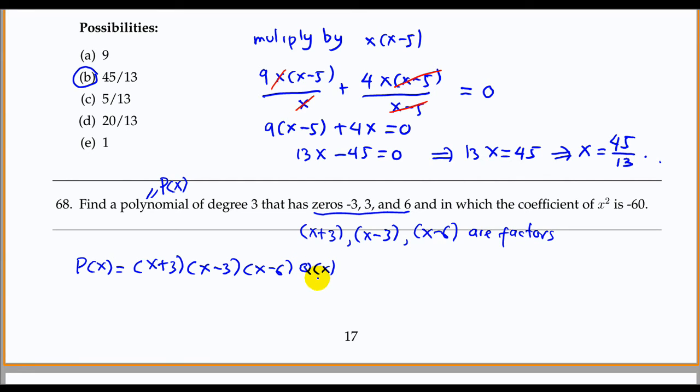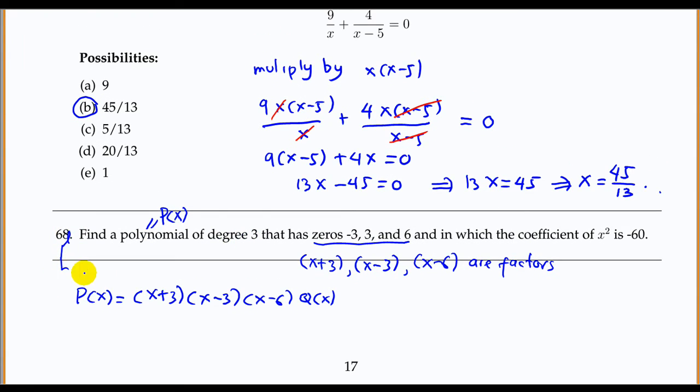Now let us check the degree of the polynomial. Remember that the degree of p is 3. And the product of these three linear terms is also of degree 3. Since the two are equal, then this q of x cannot have a degree more than 0.